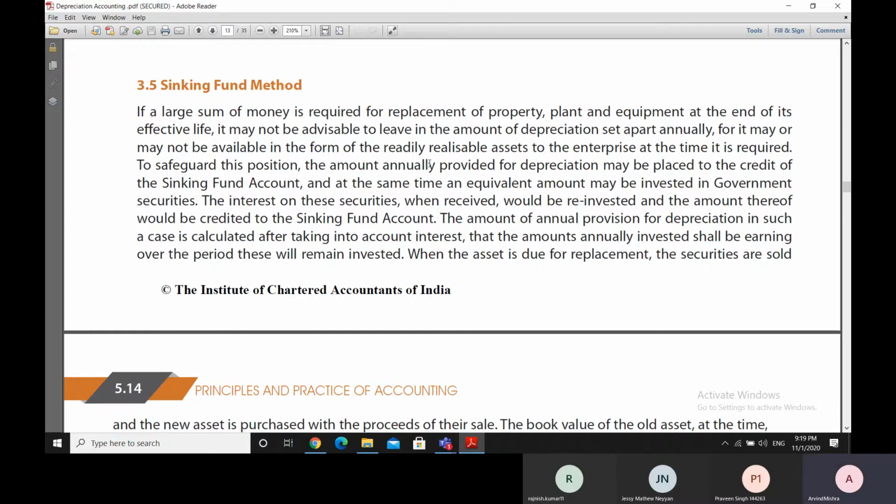So therefore, just setting apart a certain amount of depreciation annually may not help us to replace our asset which has lost its utility.